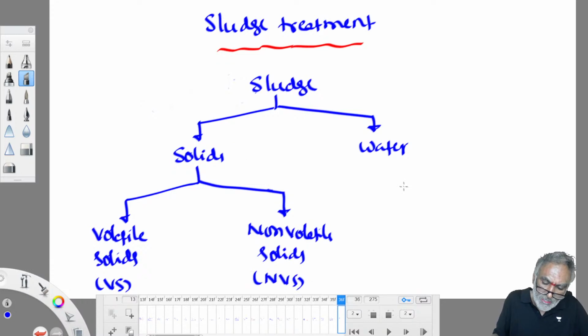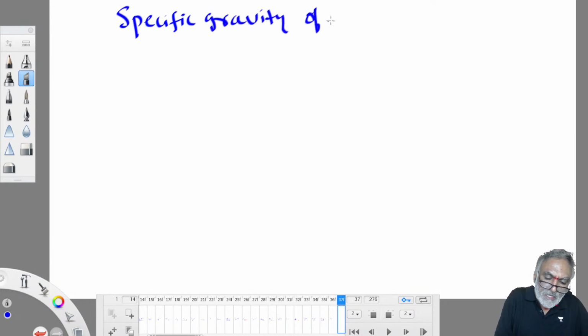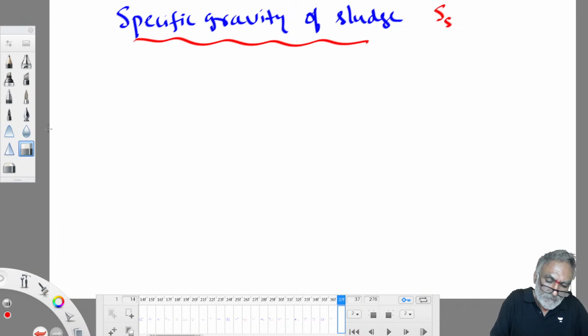Okay? So you want to find out the specific gravity of sludge, right? You need to know first the specific gravity of solids. Finding specific gravity of sludge itself is a popular question in the GATE exam. So specific gravity of sludge is worked out by first working out specific gravity of solids.